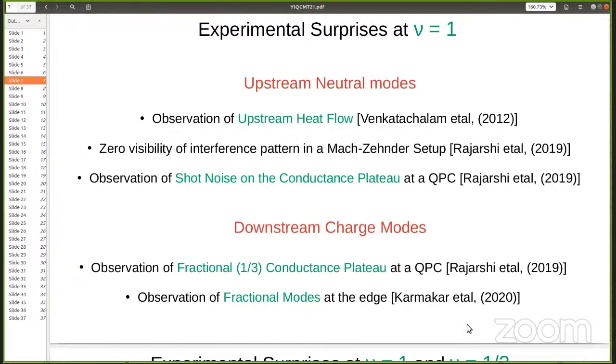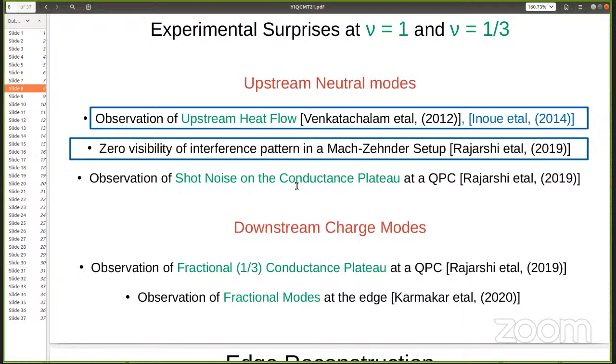One is that you could have fractional modes at the edge. And the other is that maybe there are some upstream neutral modes. This is at nu equals 1, and some of these are also present at nu equals 1/3.